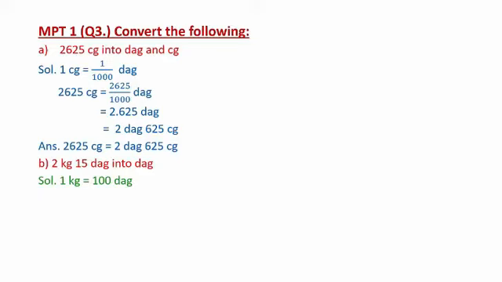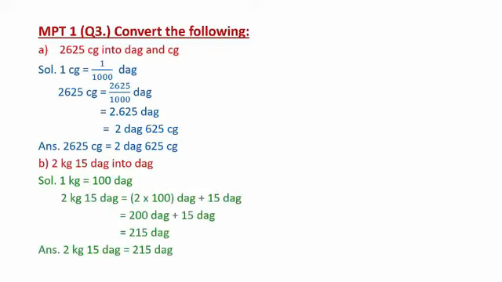The operation will be multiplication and the relation between kilogram and decagram is 1 kilogram equals 100 decagram. So converting 2 kilogram into decagram and adding 15 decagram to that, that will give you 2 into 100 decagram.